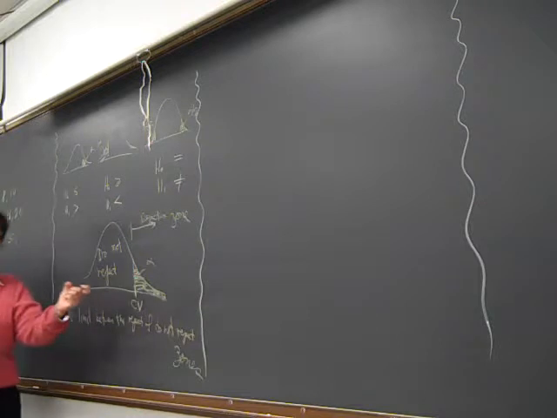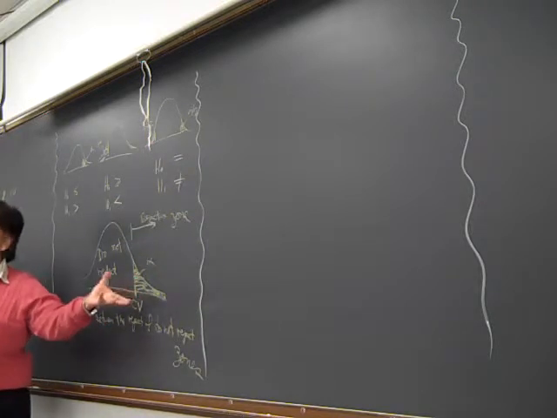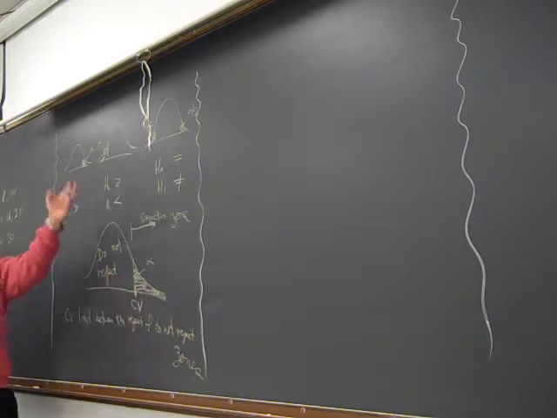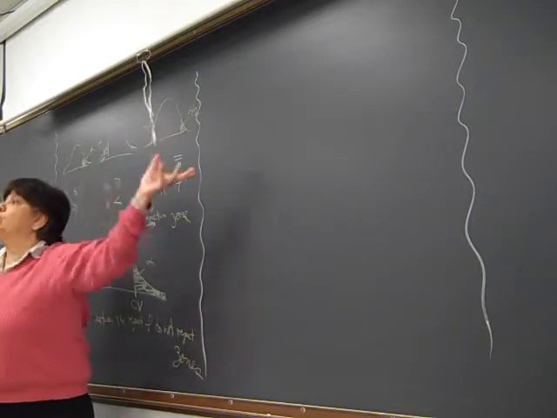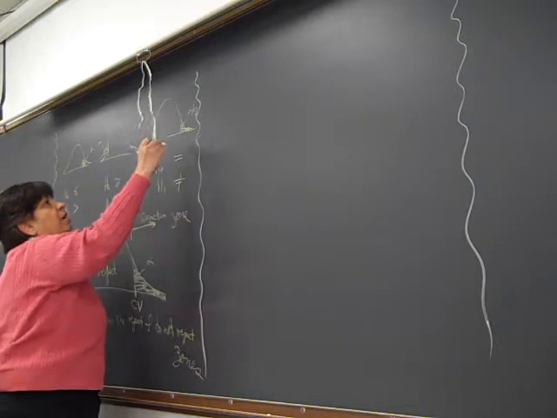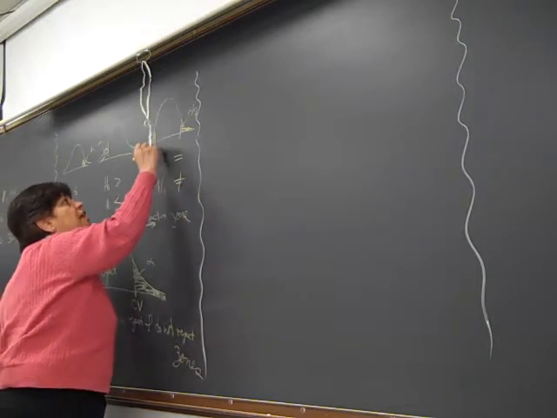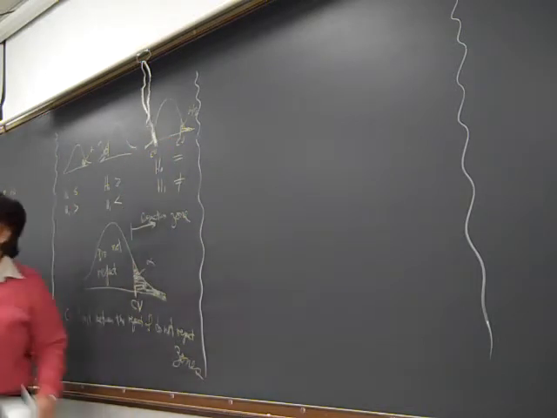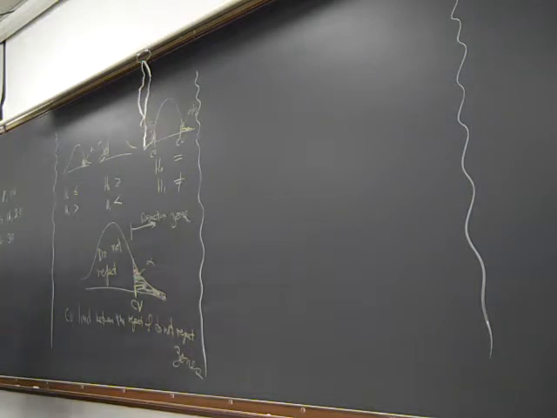So we have the rejection zone, that is the shaded area. In the two-tail, we have two rejection zones. This one and this one. And of course we have two critical values because we have two rejection zones.